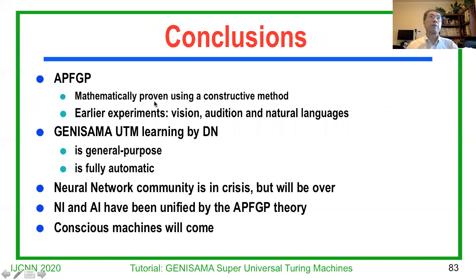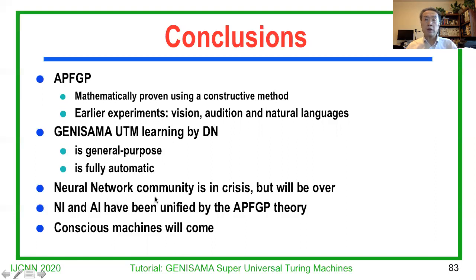Now, in conclusion, APFGP has been mathematically proven using a constructive method, and early experiments have been tested on 3 bottleneck problems of AI: vision, audition, and natural language understanding. The Genesema UTM is learning by DN. It's general purpose and fully automatic inside the skull.